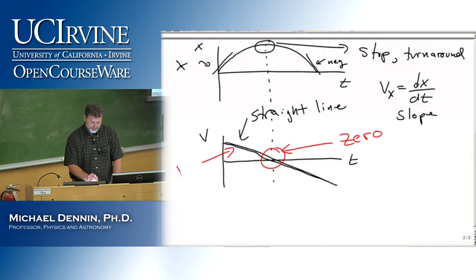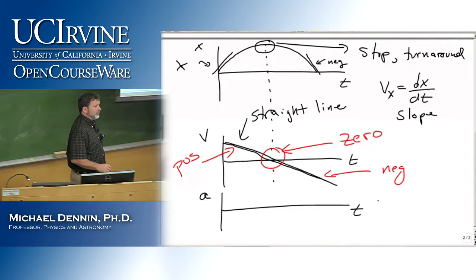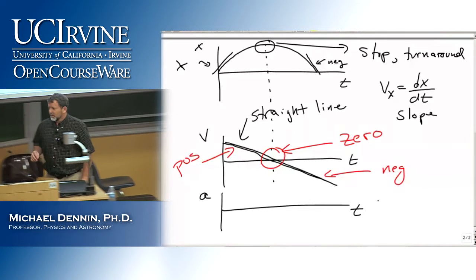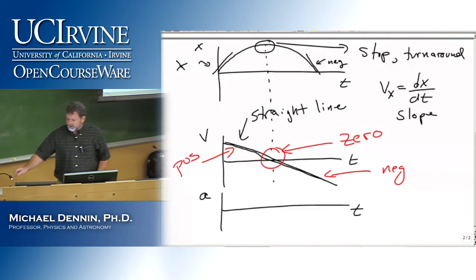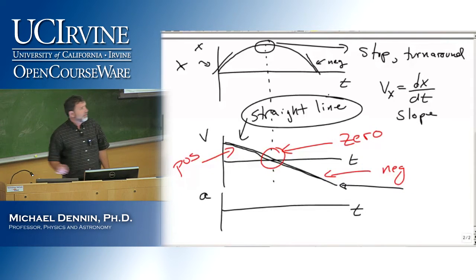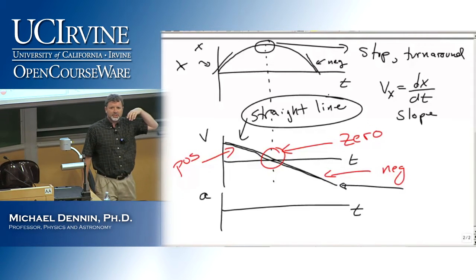And it's positive here, and it's negative here. Given this, what's my acceleration as a function of time? Since the velocity here is a straight line, what's my acceleration now as a function of time? Anyone have a suggestion?